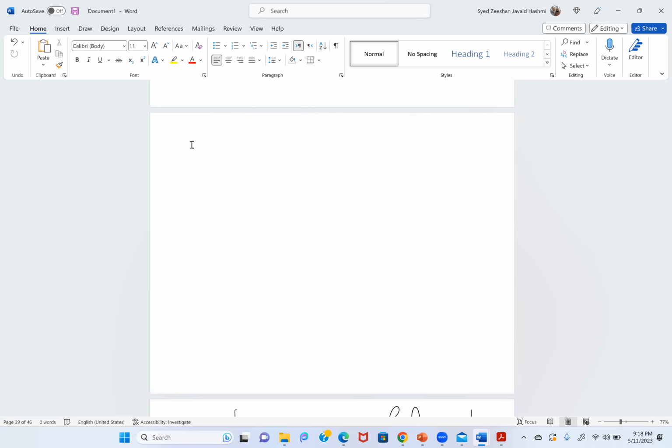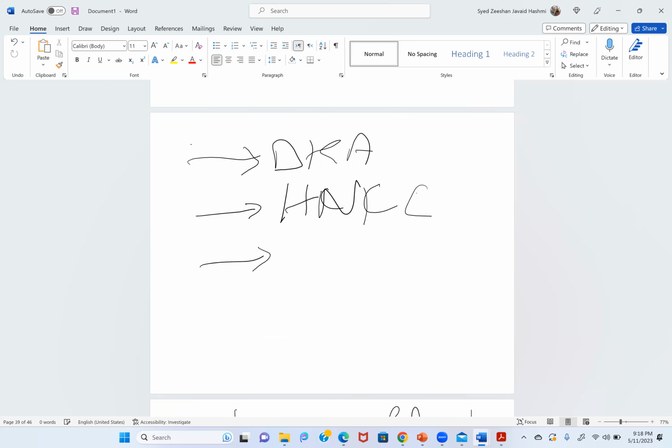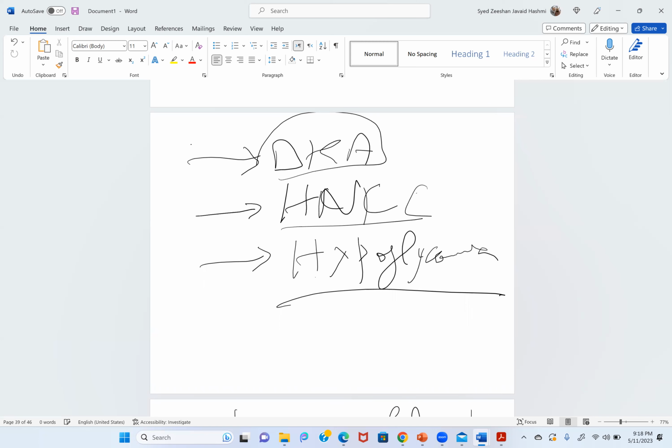Another thing, crisis: DKA, hyperosmolar non-ketotic coma, and the most dangerous is actually hypoglycemia. Hyperglycemia gives you some time, but hypoglycemia can immediately cause problems.